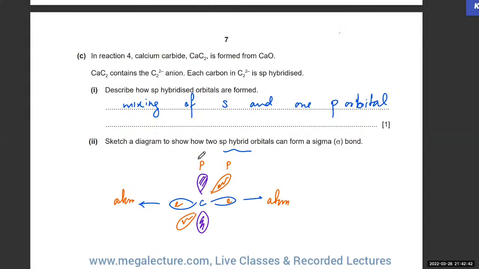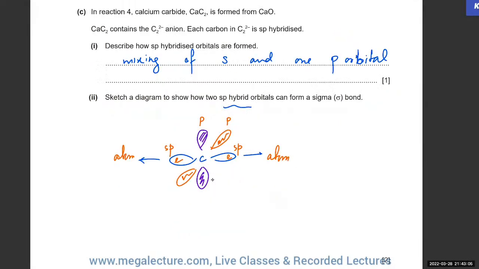Remember, carbon had 4 electrons. Out of those, 2 have changed their shape. They've become sp hybrid orbitals, while the other 2 have not changed. And then there's going to be another carbon which is exactly the same. So he's asking you to draw a sigma bond between the 2 carbon atoms.